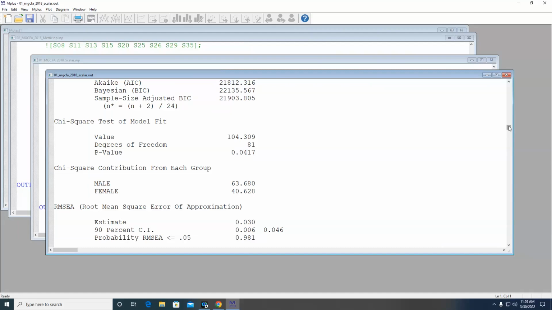So with 5 degrees of freedom, this isn't even close. What this says to me is that out of those 6 constraints I made to go from the metric model to the scalar model, 5 of the 6 constraints I could make and only increase the chi-square by about 3.5, which is like nothing for 5 constraints, right? One of those 6 constraints, that S26 constraint, contributed 11.12 of that total of 14.5 chi-square points.